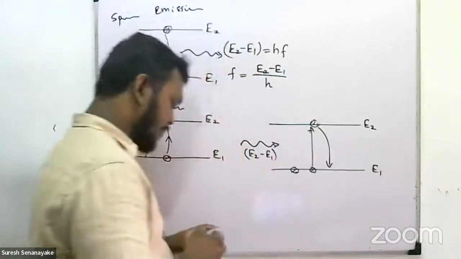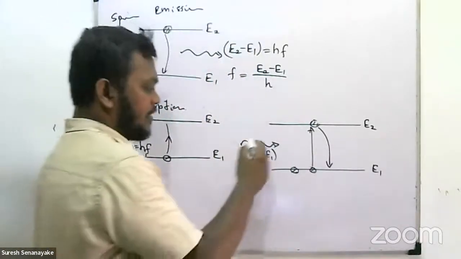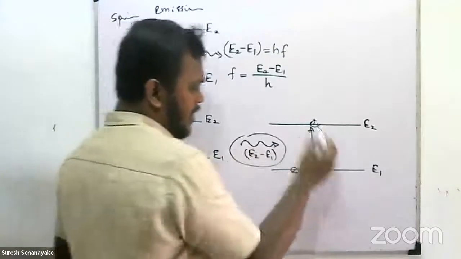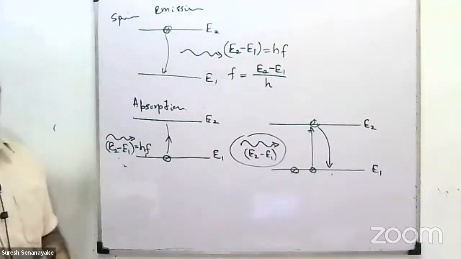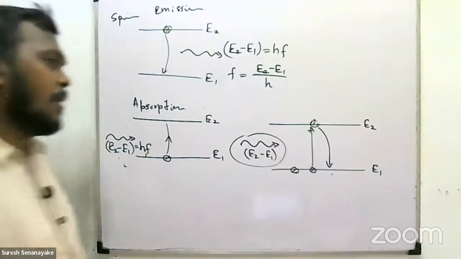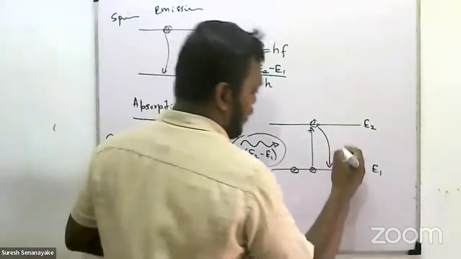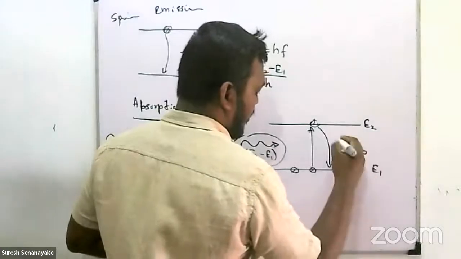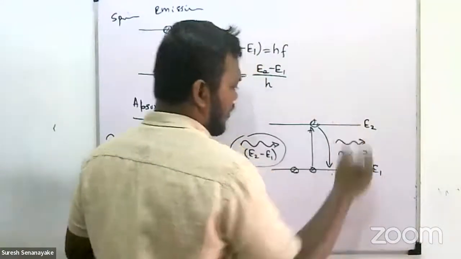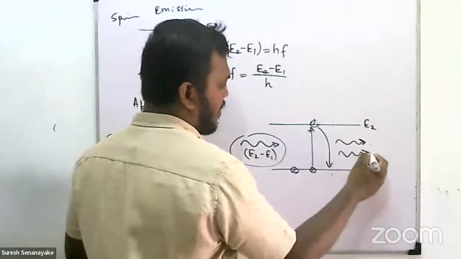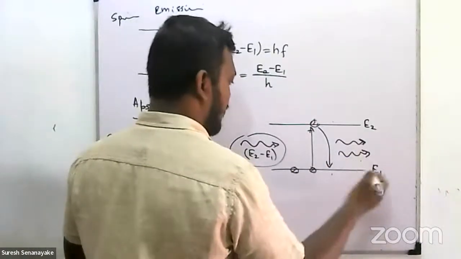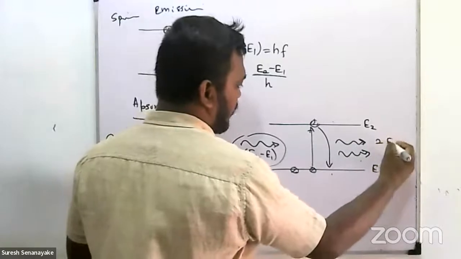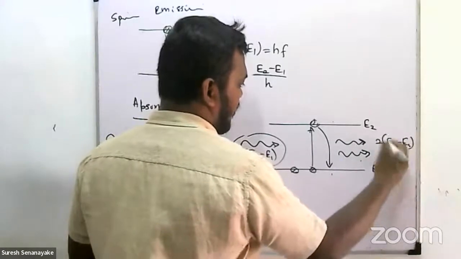The given energy and the emitted energy are in the same phase and the same manner. Both are emitted, moving at the same pace in the same direction, with the same energy state. So twice this E2 minus E1 energy is emitted.